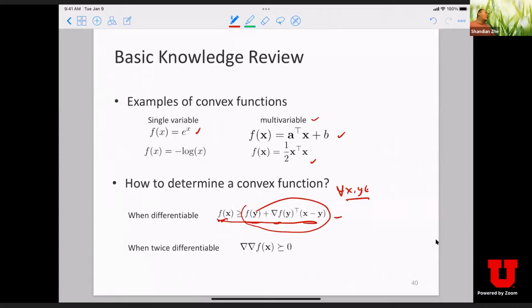It's a tangent line, right? Remember, the gradient is actually the slope. If you draw a convex function, and this is your y, and you want to draw a tangent line at y, the form of this tangent line is f(y) plus the gradient of f at y transpose (x minus y).